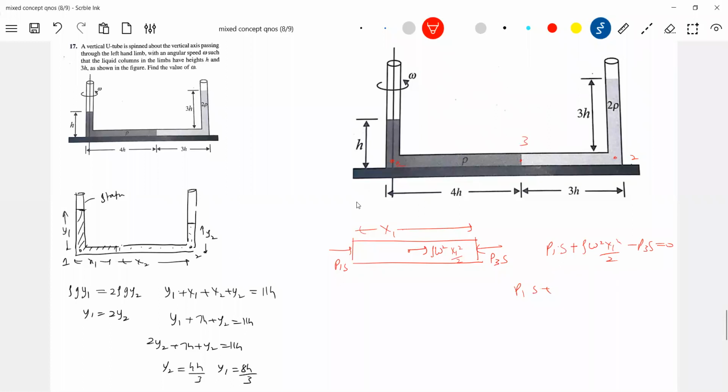Sir, is it x1 by 2 whole square? X1 by 2, okay, I have to write it whole square. Omega square, the x1 is the length I picked up. X1 by 2 whole square it will come.